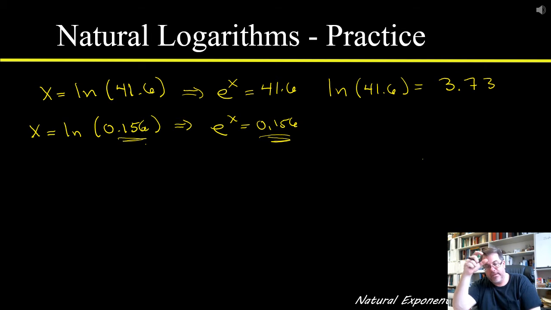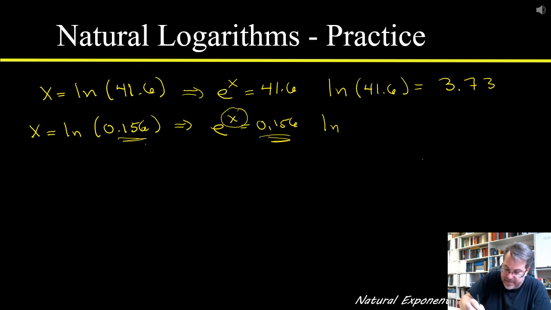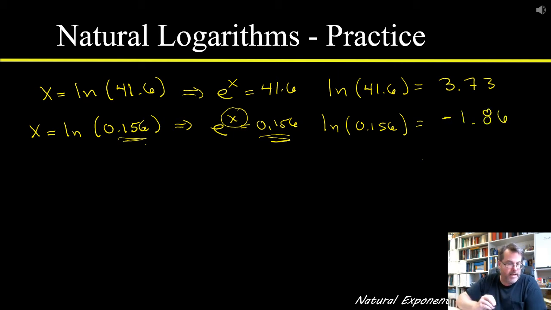Anything less than 1 is 1 over something. So we would expect that if it's 1 over something, then x is going to be a negative number. So type in ln 0.156, and indeed we get negative 1.86.